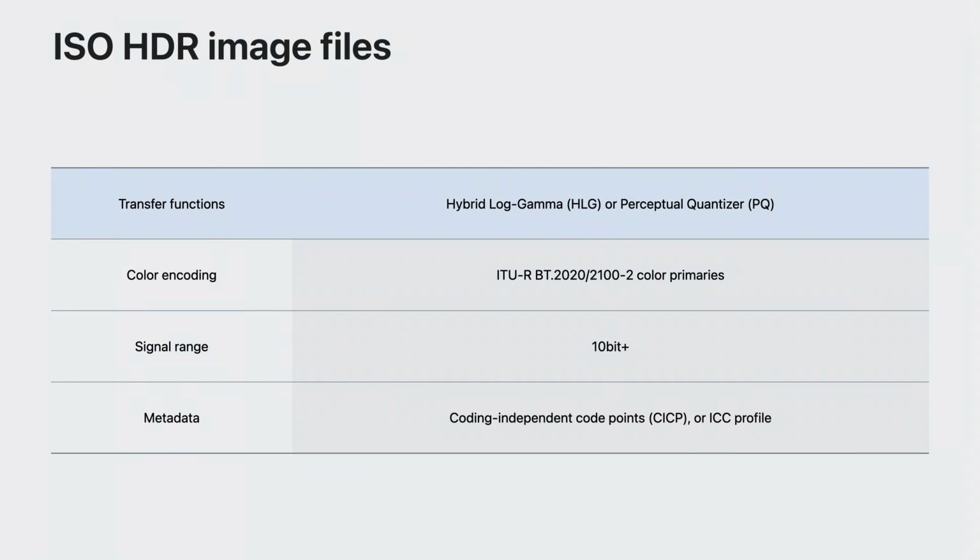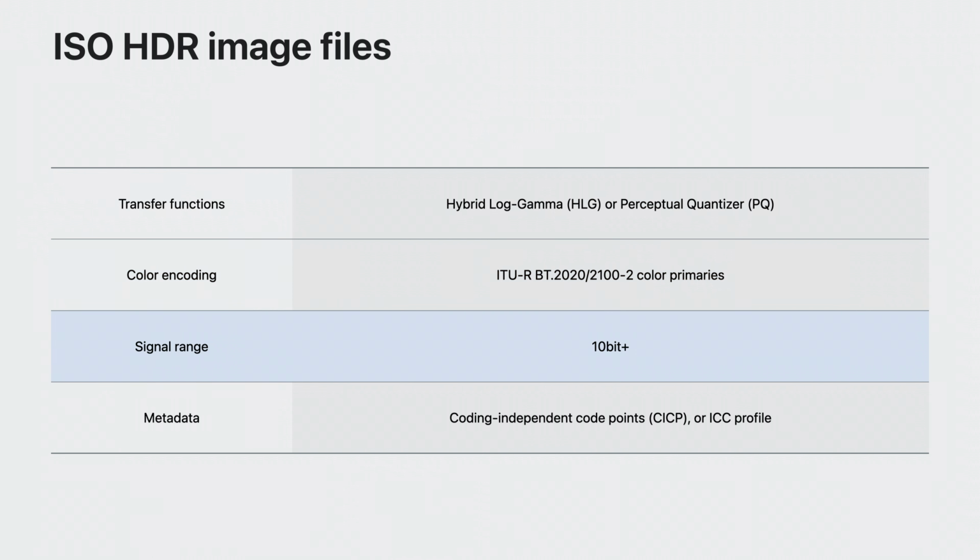The specification requires hybrid log gamma, HLG, or perceptual quantizer, PQ, as the encoding transfer function. These are functionally analogous to the gamma curves used in SDR images. The color primaries for ISO HDR files are the BT.2020 primaries. This is a wide gamut color space, until now only commonly used in video.